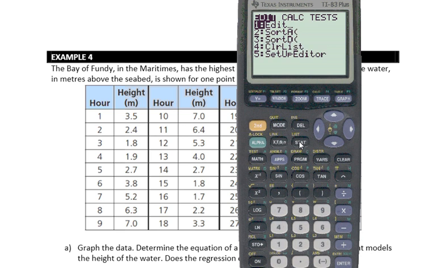So stat, calc, sinusoidal is C. And then vars, y vars, enter, enter. Now make sure you don't go back.